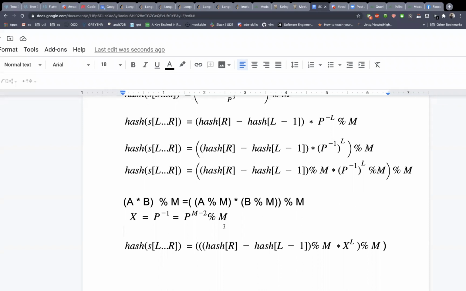So that will be exactly what the above formula is. Or you can imagine in the above formula that the inverse of A is A to the power minus 1 mod m, right? Yeah, I think that is the confusion. Because p to the power minus 1 is the inverse, that's not the inverse modulo. But p to the power minus 1 mod m is the inverse modulo of p. Correct? Sorry, I didn't get you.